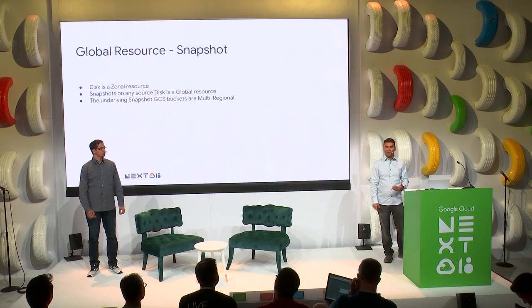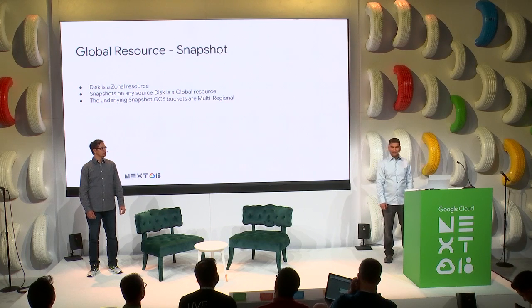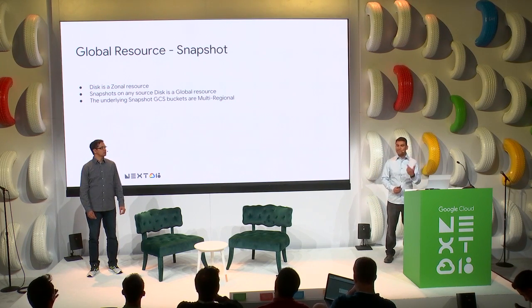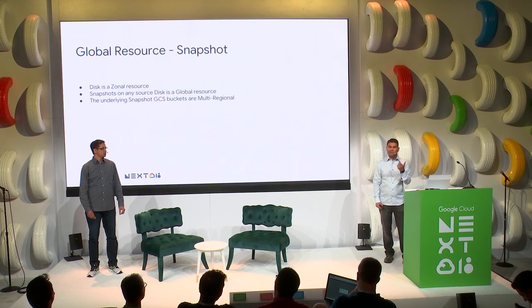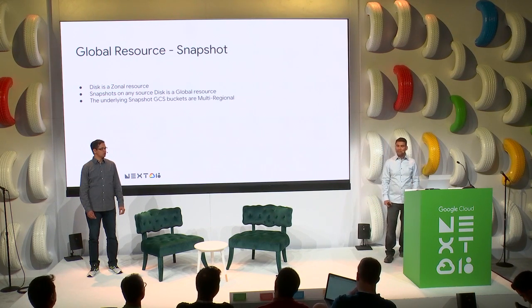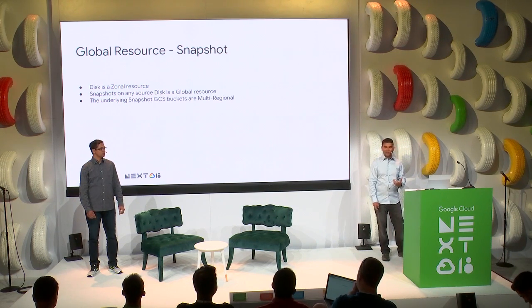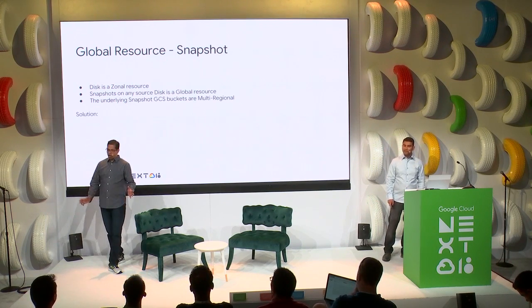The underlying snapshot has always been a multi-regional concept, except the snapshot resource itself, the metadata, has been a global resource. It stored the GCS buckets where the physical raw snapshots are stored. It's a multi-regional concept.